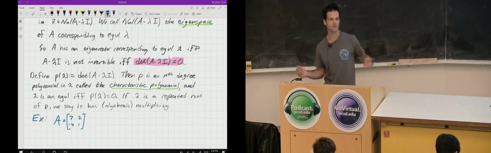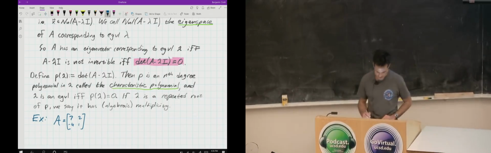So first, let's find the eigenvalues and eigenvectors.